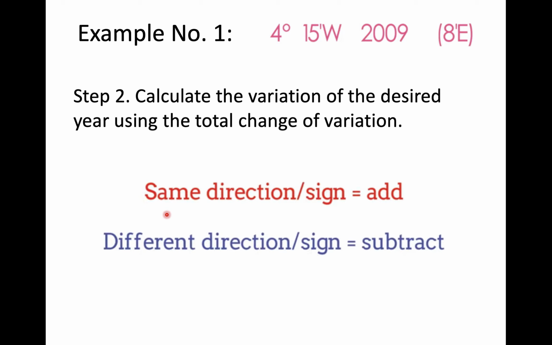What is direction or sign? It is whether it is west or east. If it's west and west, then you have to add it. If it's east and east, add again. But if it's east and west, then that's different signs, so you have to subtract it. Do not forget about this one. This will be very helpful in the next slides.